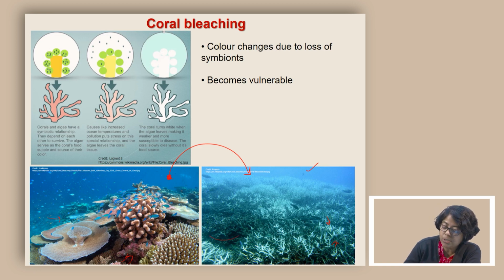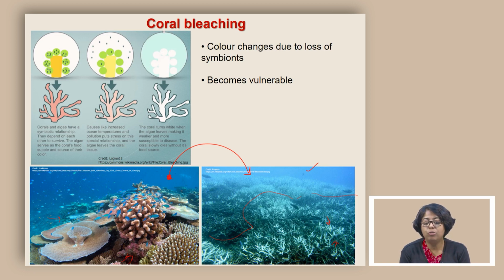So, when you see these bleached corals, they are basically indicating that their ecosystem health has already declined severely and they are on their way to death. And this has been noticed overall throughout the globe in different coral colonies.